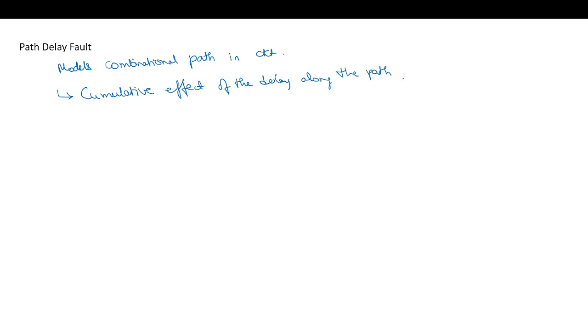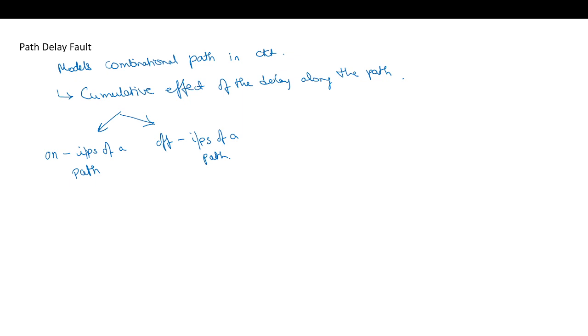If we consider a path, then we will have two types of inputs: on-inputs of a path and off-inputs of a path.